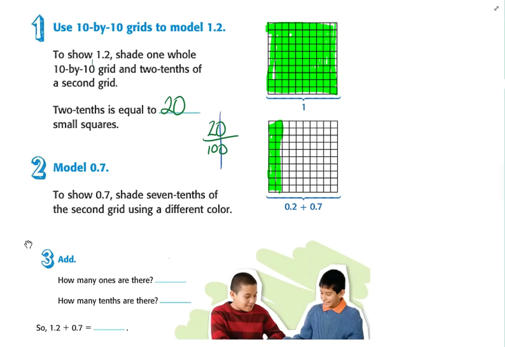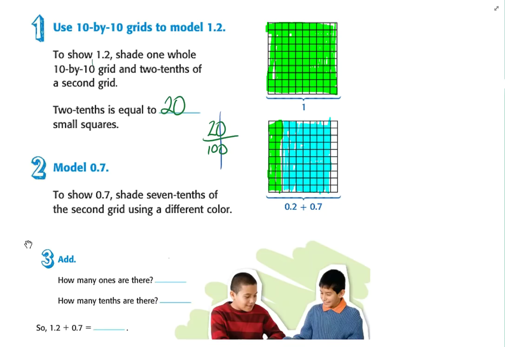Well, now I need to model 0.7, or 0 and 7 tenths. So that is 7 columns. So I have 1 tenth, 2 tenths, 3 tenths, 4 tenths, 5 tenths, 6 tenths, and now 7. So I have 7 tenths all together.